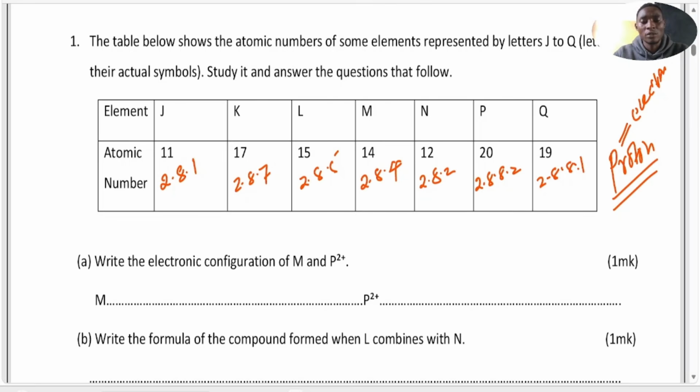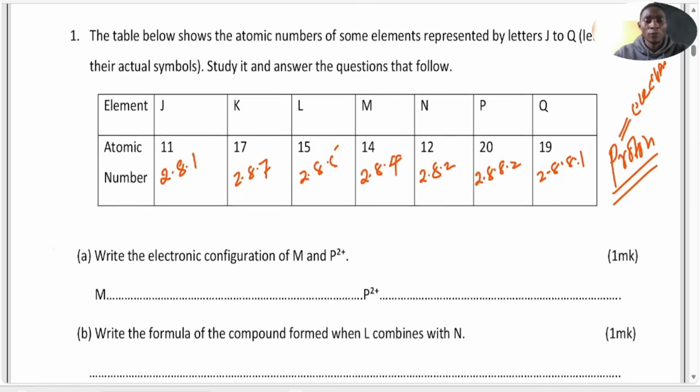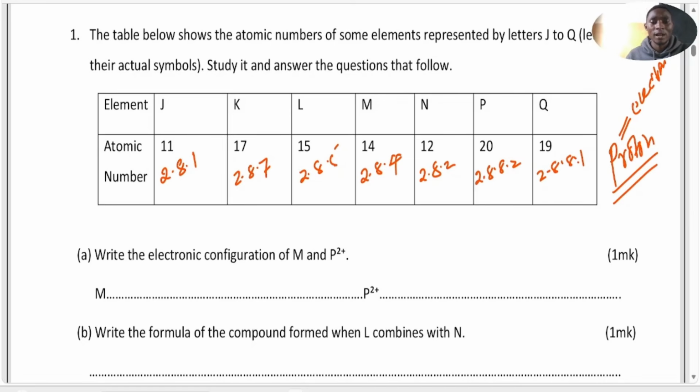So beginning with the question part A, write the electronic configuration of M and the ion of P. So for the electron configuration of M, as I've just done it, it shall be 2, 8, 4.